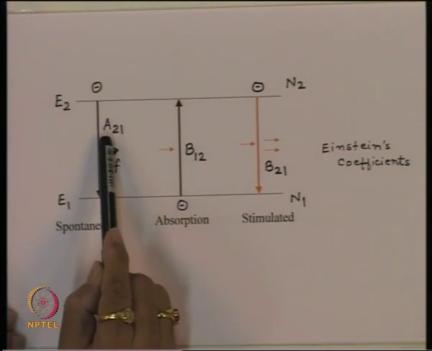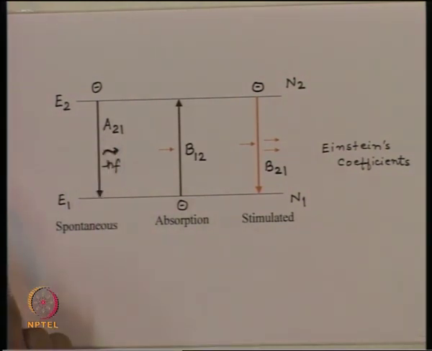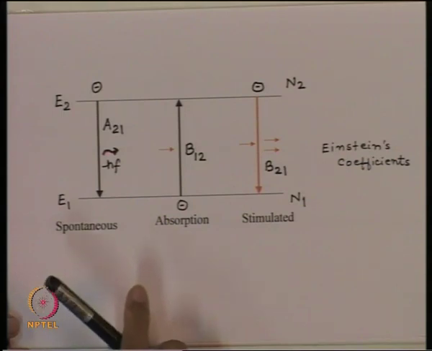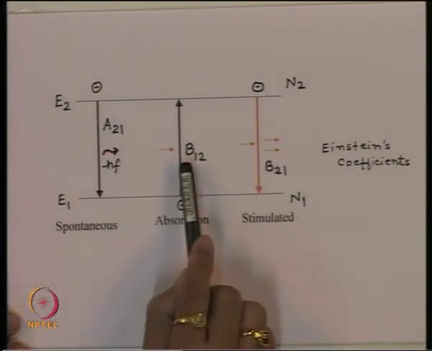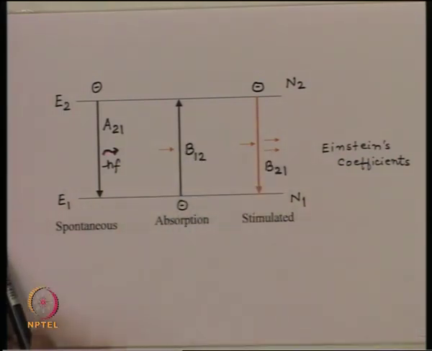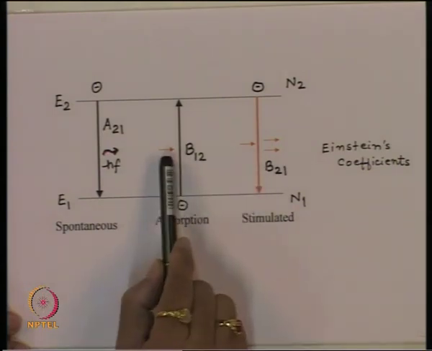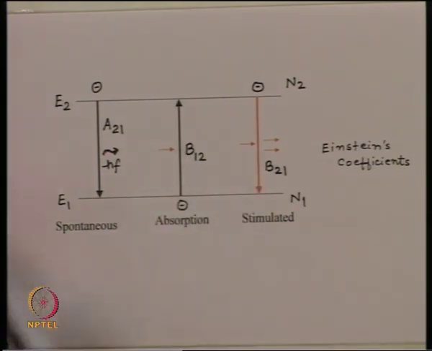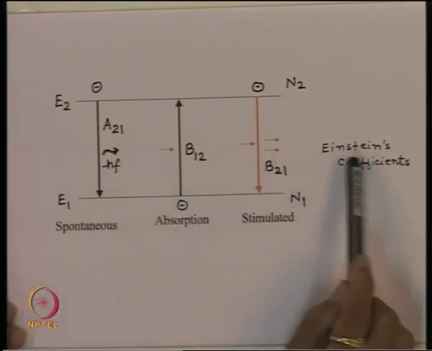So, we saw that this constant A is the transition probability without the presence of a photon, and the parameter B essentially gives you transition probabilities which are related to the presence of a photon. These quantities A and B are called the Einstein's coefficients.